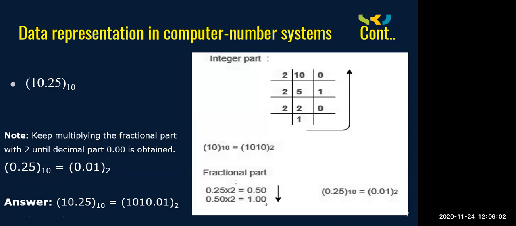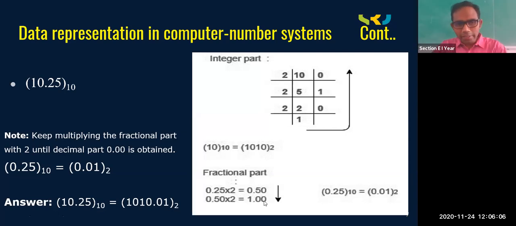Now, 0.25 into 2, 0.50. Then take 0.50, multiply with 2, 1.00. Now, once you got 1.00, if you get 10.0, for example, then make the dot 10. If you get 1.00 in this case, just shift this 1 after the 0.